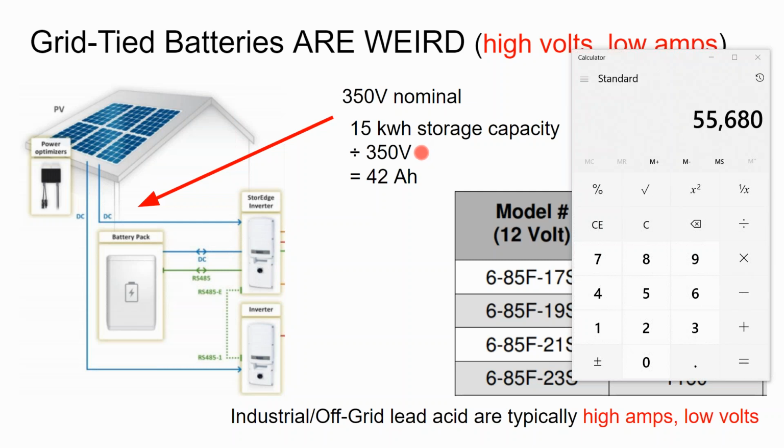And the thing is, lithium ion is very expensive, and so lithium ion tends to be high voltage and low amperage. And so it's these batteries that can only output 40 amp hours rather than 1,000 amp hours.